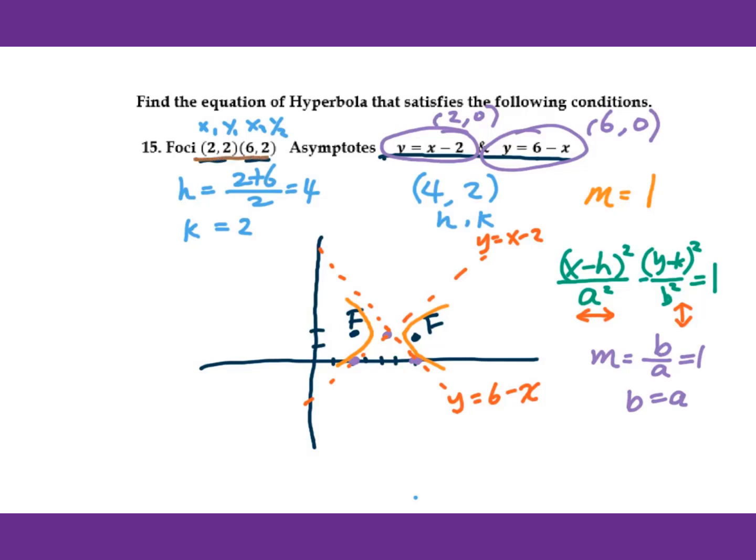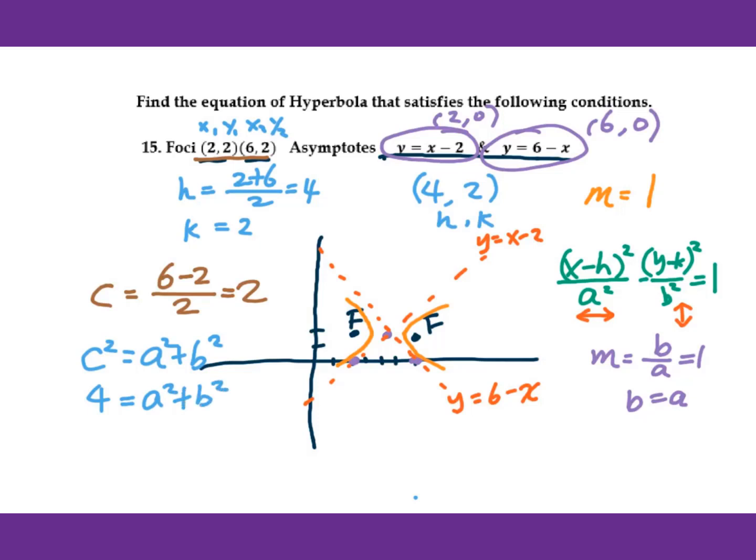Now we need to check C. You are given foci. Half of the distance between these two foci will be C. So C equals 6 minus 2 over 2 equals 2. Since C squared equals A squared plus B squared, therefore we got 4 equals A squared plus B squared.